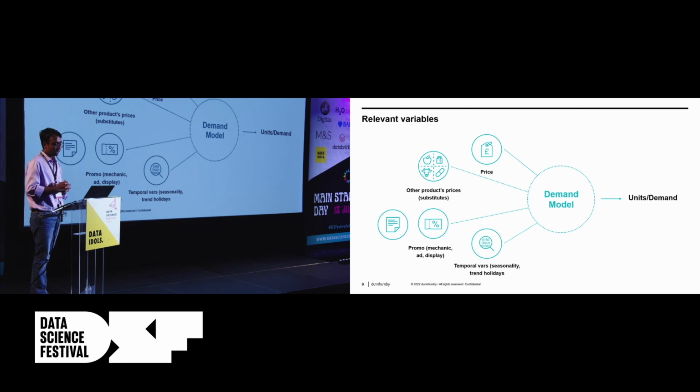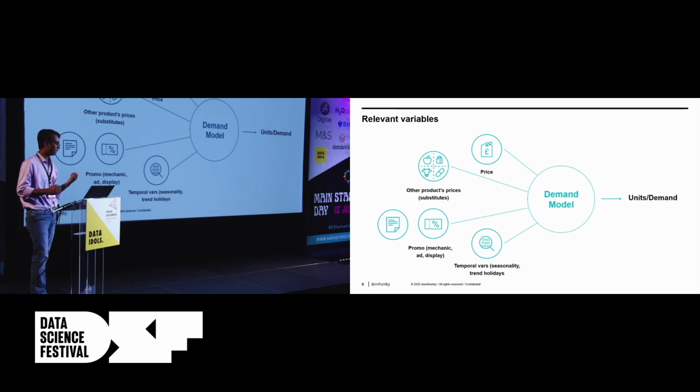Let's think of different types of variables that could influence the sales of a product. A product's own price is obviously one of the most important variables. And not just its own price, the price of a similar product would also influence the sales of another product.